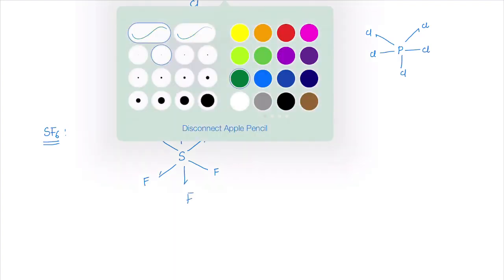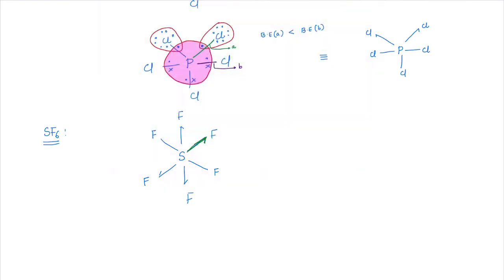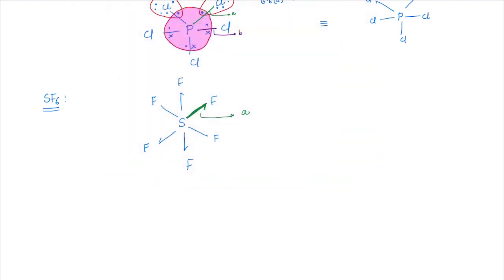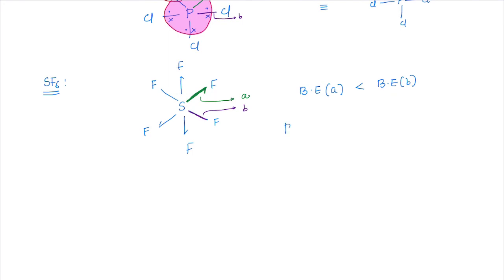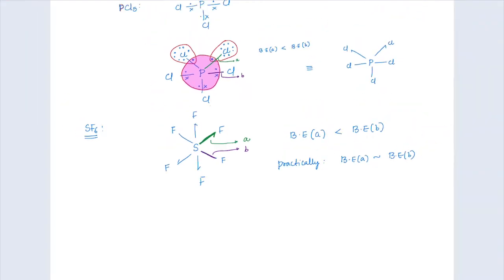As per his theory, if this is a singlet bond, type A, and this is a single bond, type B, then the bond energy of A must be weaker than the bond energy of B, correct? But unfortunately, practically the bond energy of A was the same as the bond energy of B. So this was not valid in SF6.